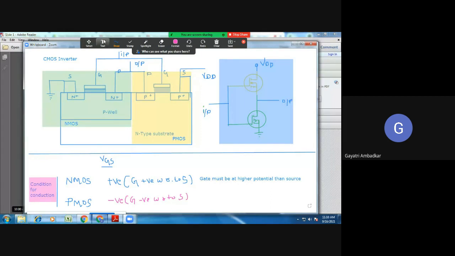In other words, gate must be at lower potential with respect to source.